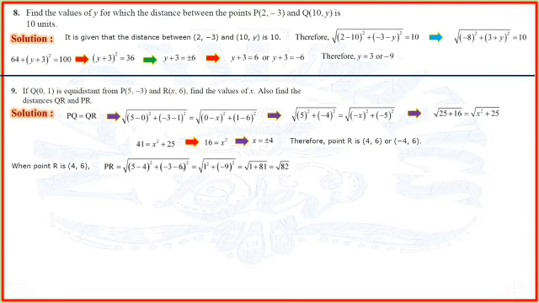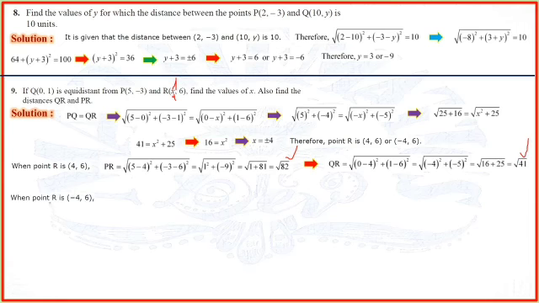So (5 minus 4), 3 minus 6, it is root 82. And the distance QR is again here, this time 0 minus x, x is plus 4, and then 1 minus 6, and this way it became root 41.